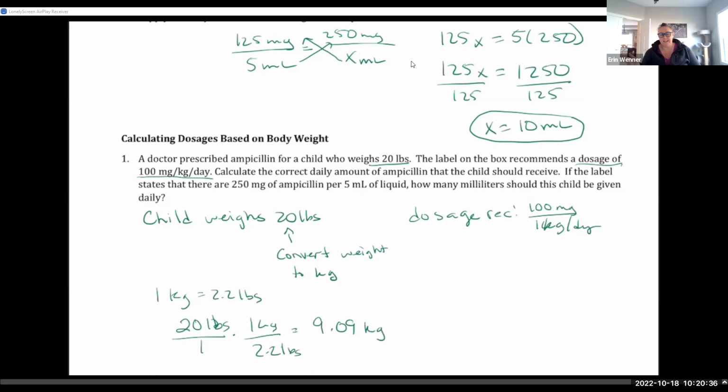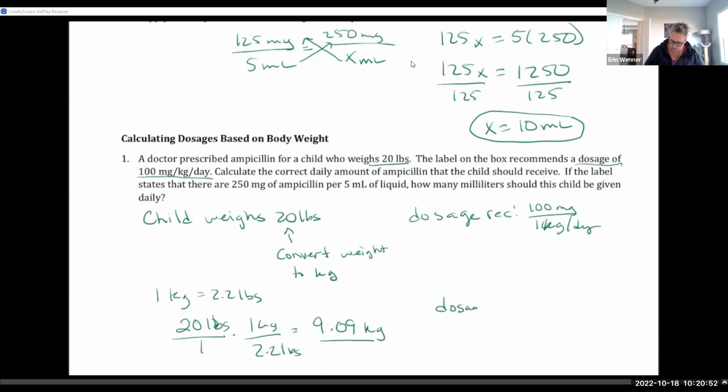It keeps going, 9.090909, but we're going to round off to 2 decimal places to be as accurate as possible. So now that we have the weight of the child, we can use the dosage recommendation.